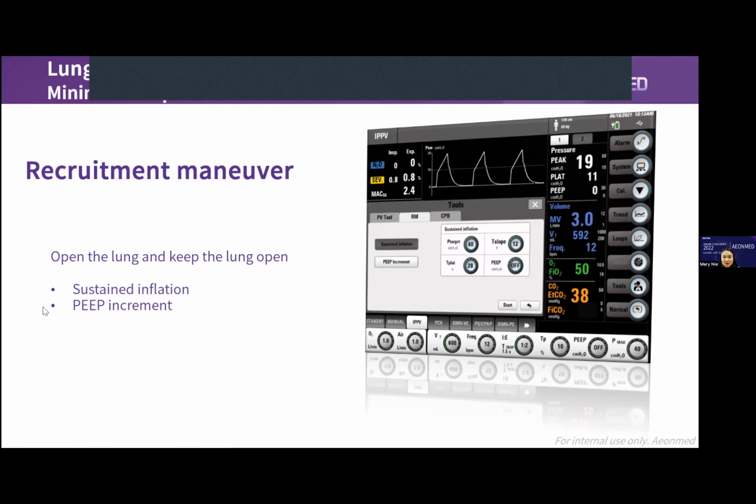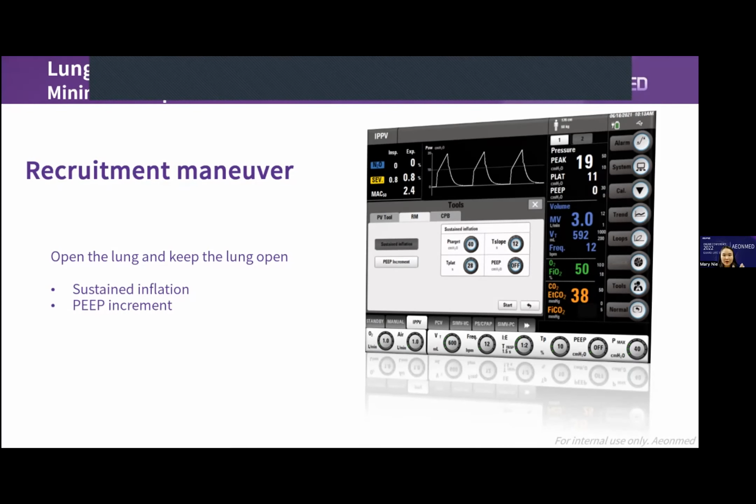The first one is sustained inflation. It's kind of our manual recruitment maneuver, just given once. We set the PIP target, and we set the PIP and T-slope and everything here, and we're done. Just start and we're done. And the next one is PIP increment. With the PIP increment, we can set the PIP start and how much I add each time.